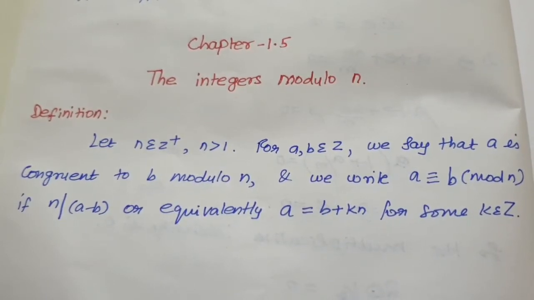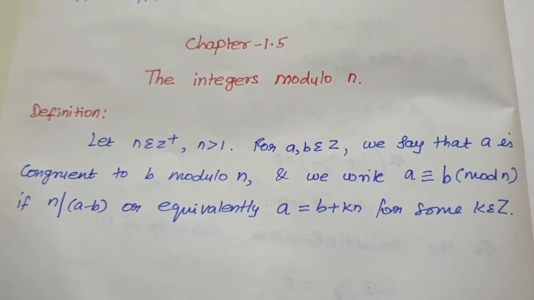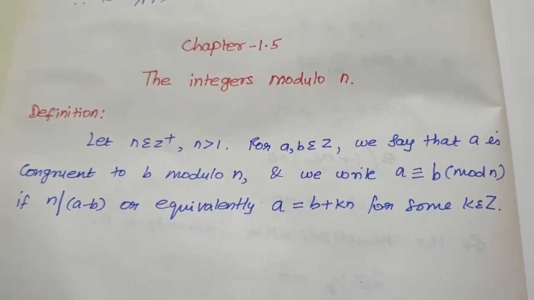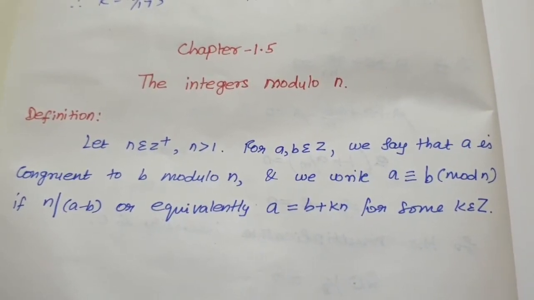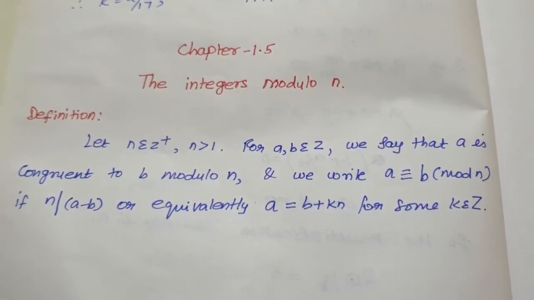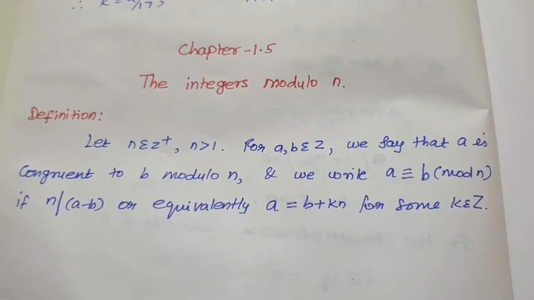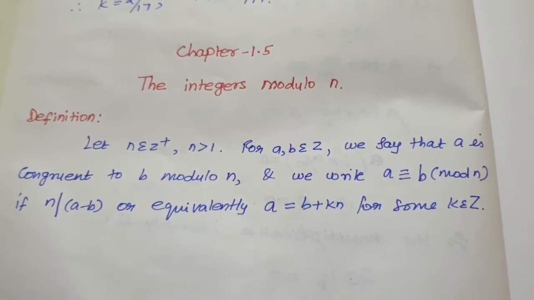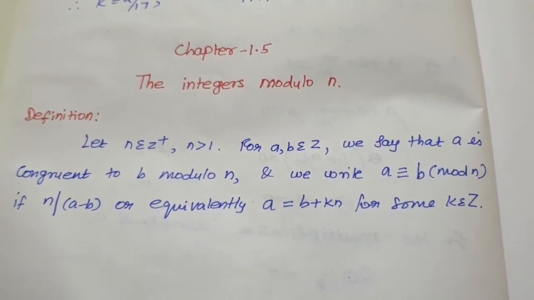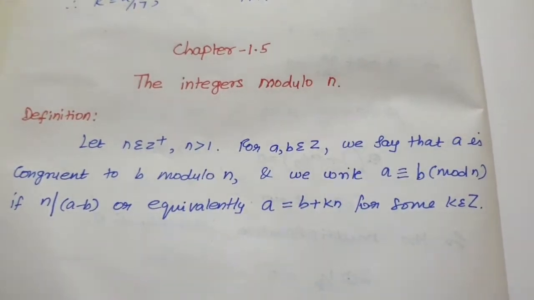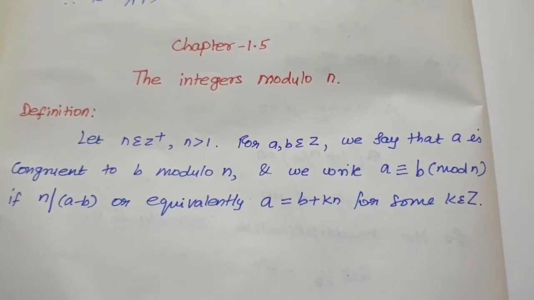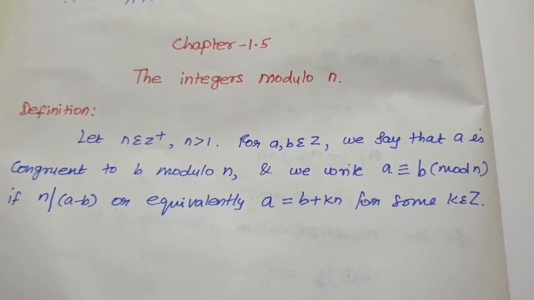For a, b belonging to Z, we say that a is congruent to b modulo n, and we write a ≡ b mod n, if n is a divisor of a minus b, or equivalently, a can be written as b plus some constant k belonging to Z times the divisor n.